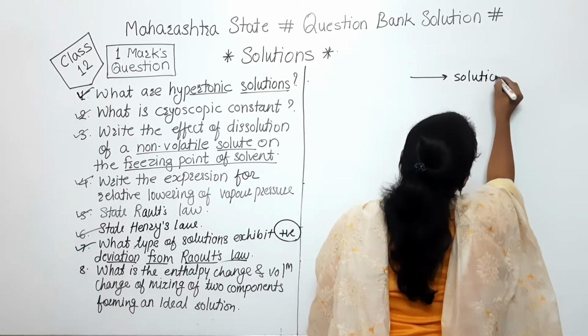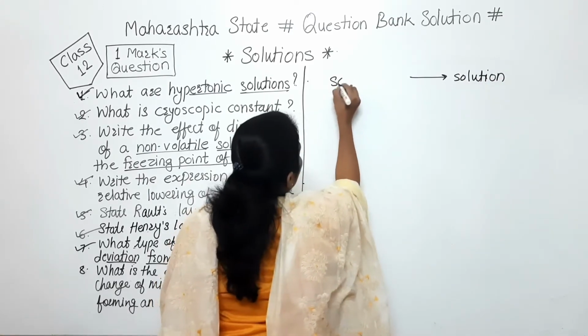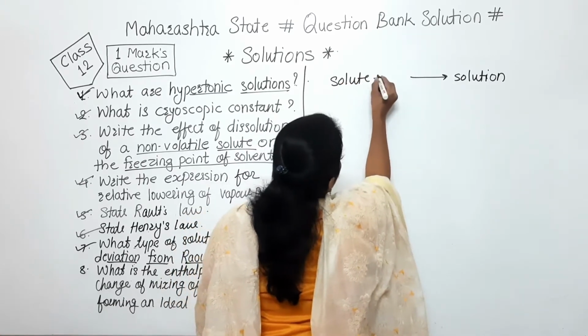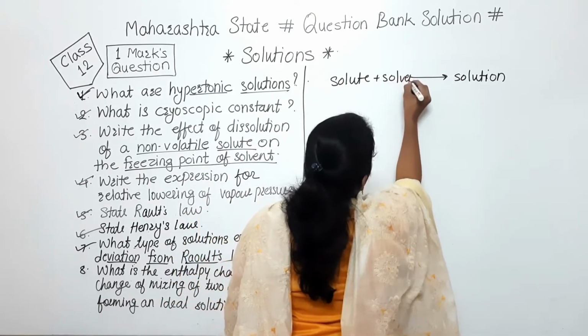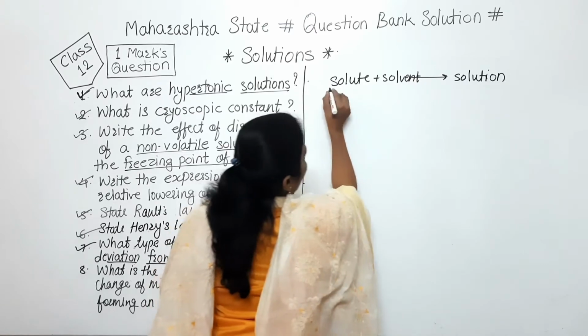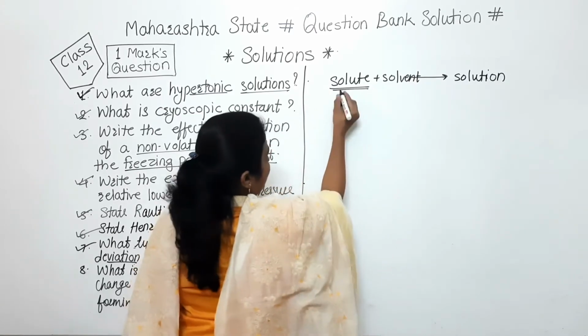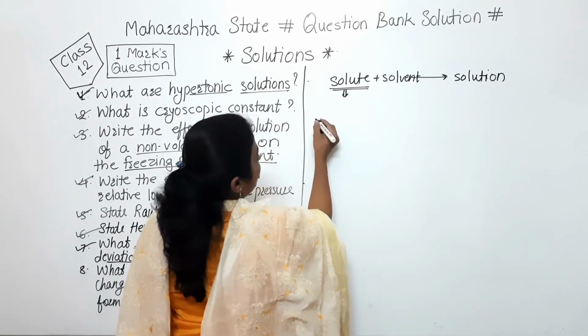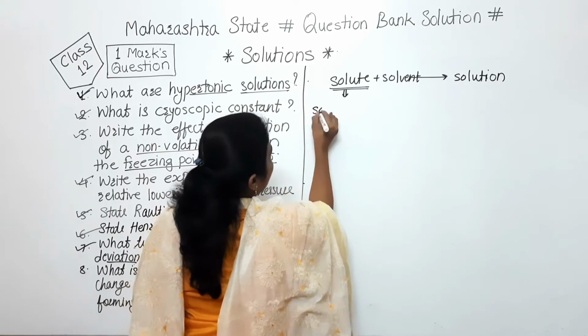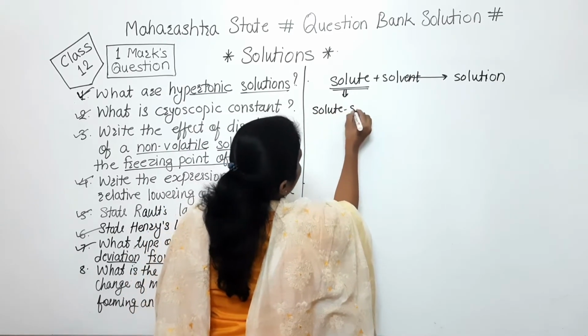Solute and solvent. That means when solute is added into the solvent, a solution is prepared. If we consider simply the solute, there is an intermolecular attraction between the solute particles.